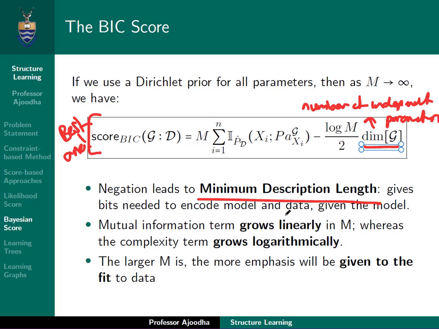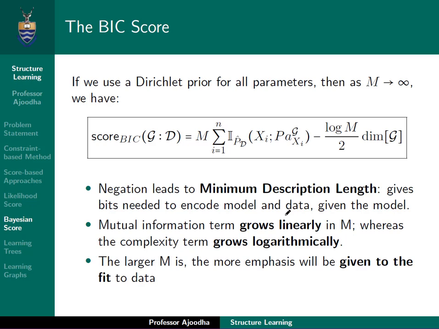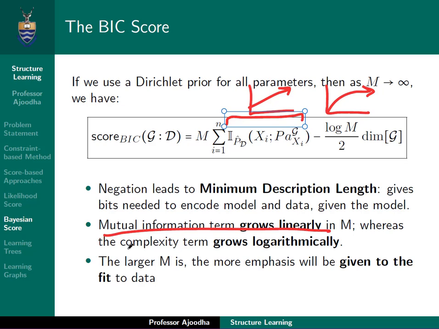An important property of the score is that the mutual information term grows linearly, and this part here of the equation grows logarithmically.